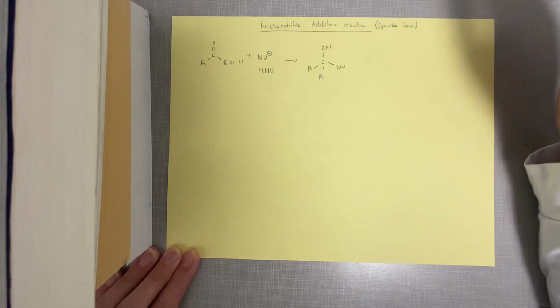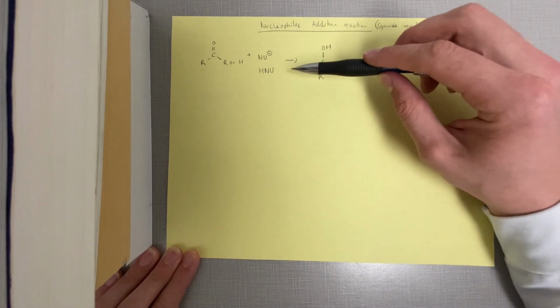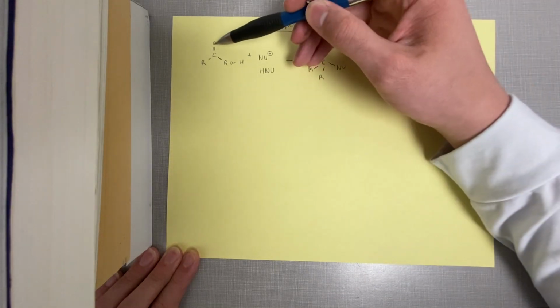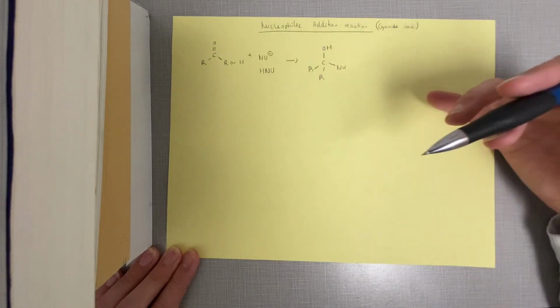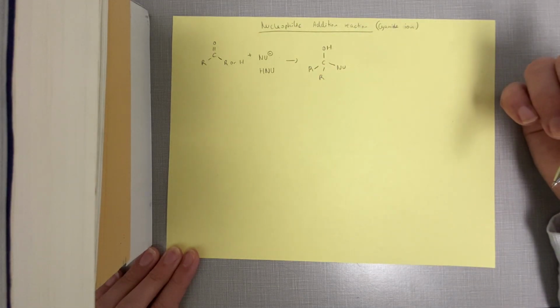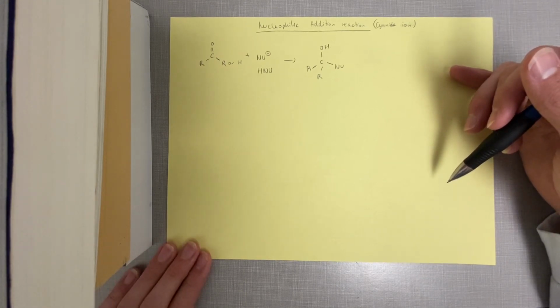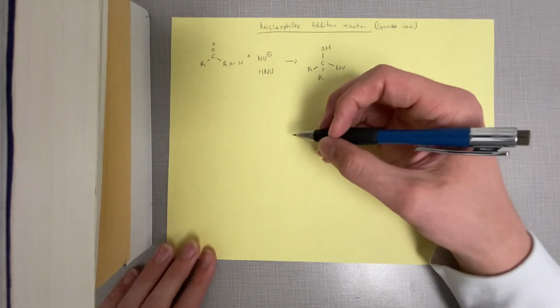In the case where you have a weak nucleophile, the first step of the nucleophilic addition reaction is the protonation of the oxygen of the carbonyl group. In our case, for the nucleophilic addition of the cyanide ion, this is a strong nucleophile, so the first step will be the nucleophilic attack.